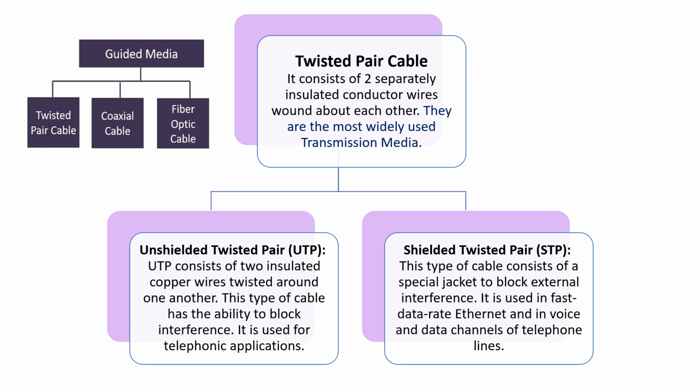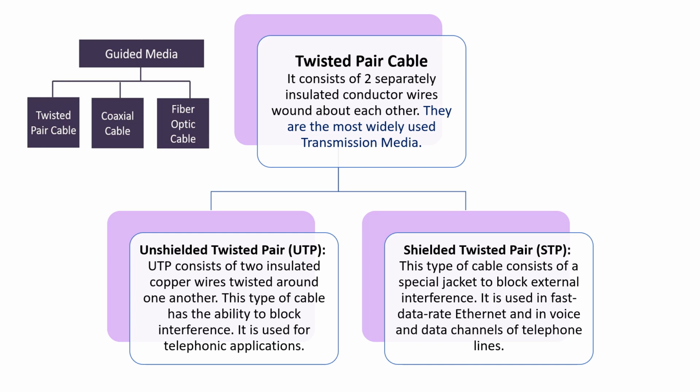In our channel we have a separate video on the types of network cables, that is twisted pair, coaxial and fiber optic. But in this video we are covering the unguided media, that is wireless media, also. In that video I have given the pictures of the twisted pair cables and the coaxial and fiber optic cables. You can check that video also.